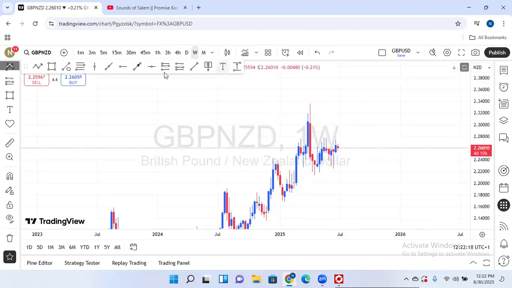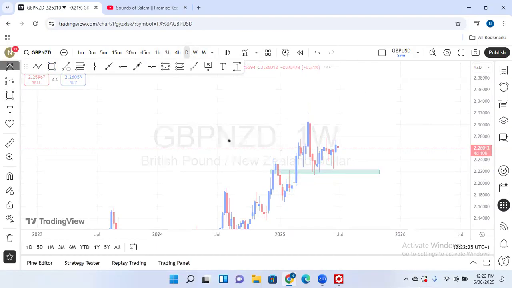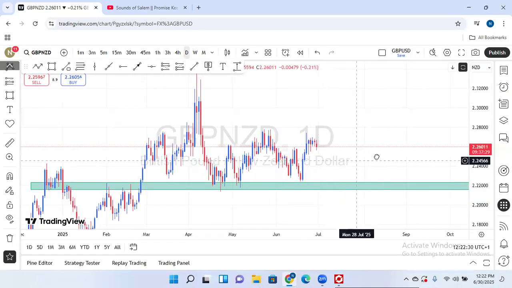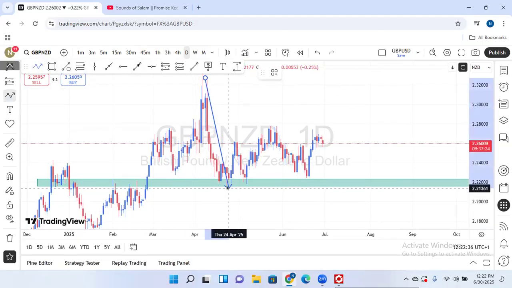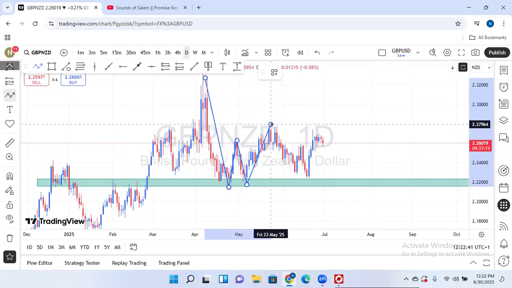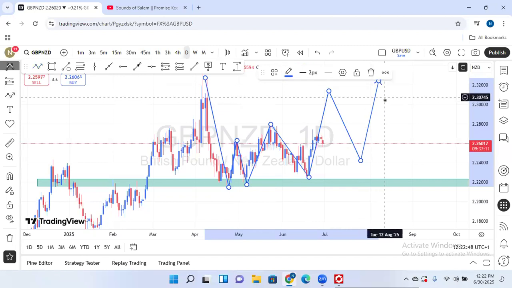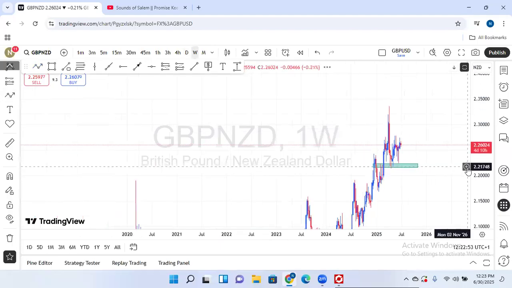On weekly, we have the weekly zone. On daily, the market was on that zone, right? We do not have a lower low, we do not have a higher high. So we have changed movement. We are going to have higher high, higher low, higher high, higher low, basically. So what we see happening here is simply breakout and retest.